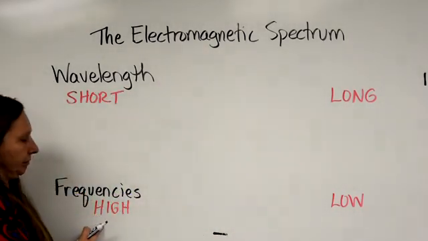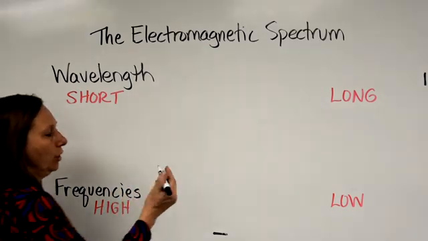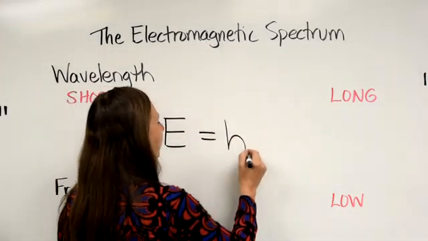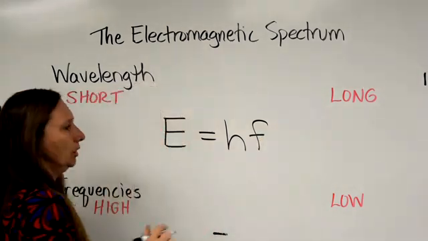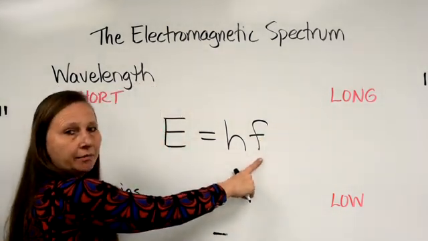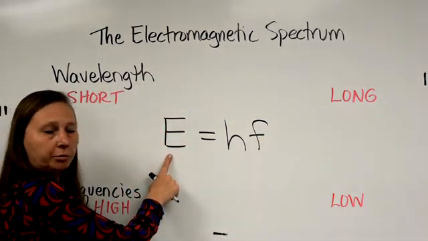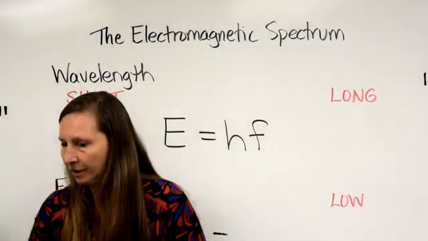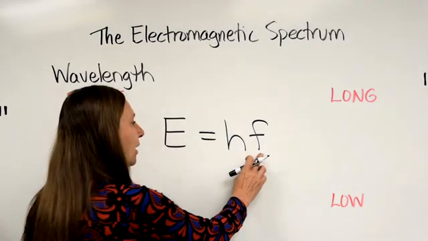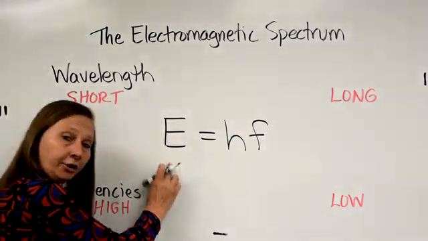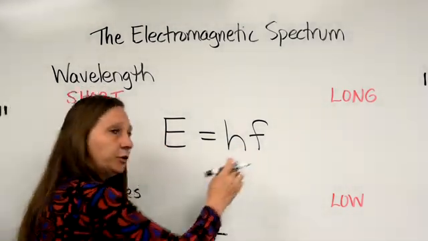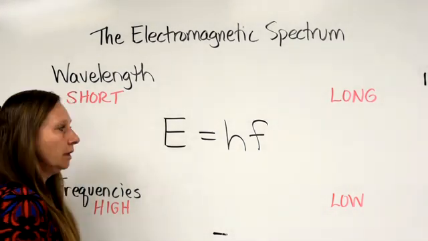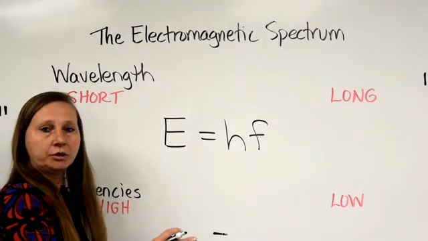Now, keep in mind that high frequency, according to this equation, E equals hf. When the frequency is high, the energy possessed by the light is going to be high. So since high frequency light is high energy light, high frequency light in general is more dangerous than low frequency light.